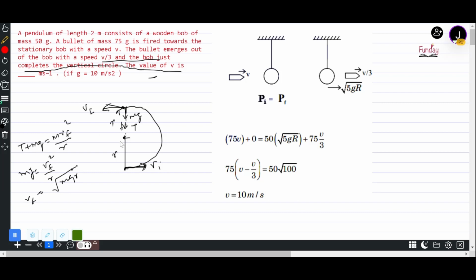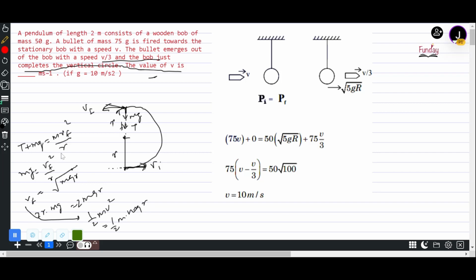and when it reaches the top, presuming this is the ground scenario, you are adding potential energy to the bob, which is 2r into mg, which is 2mgr, and kinetic energy because of this velocity is half m v square, which is half into m into gr.